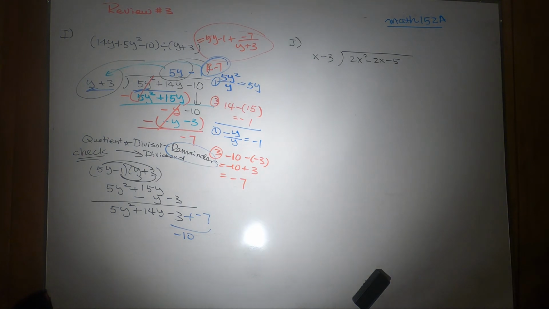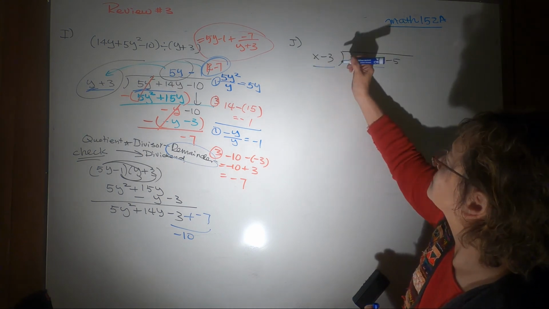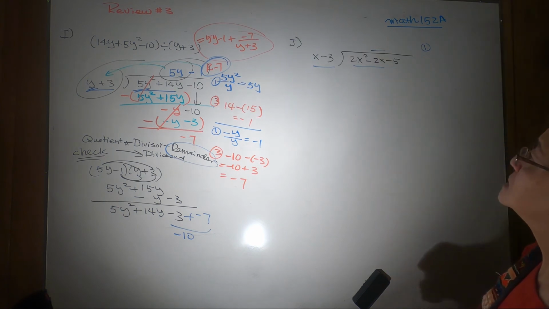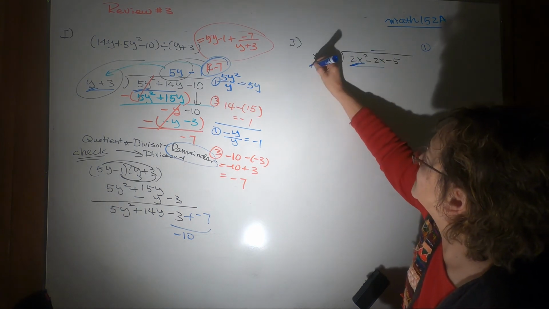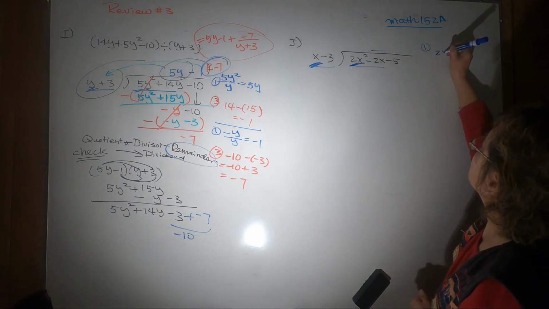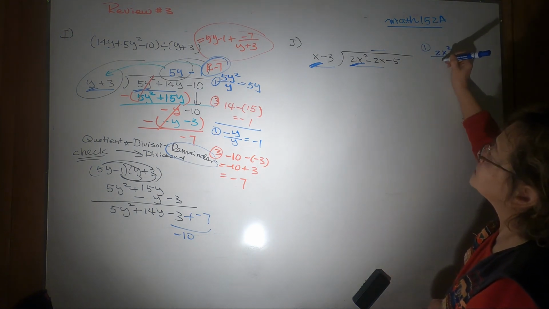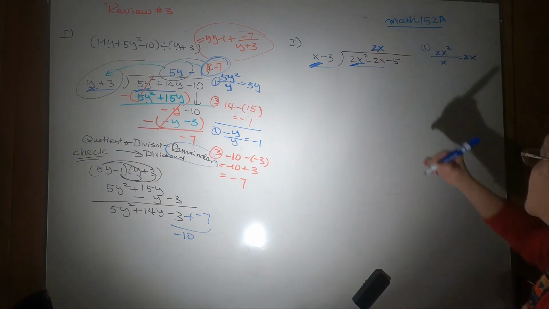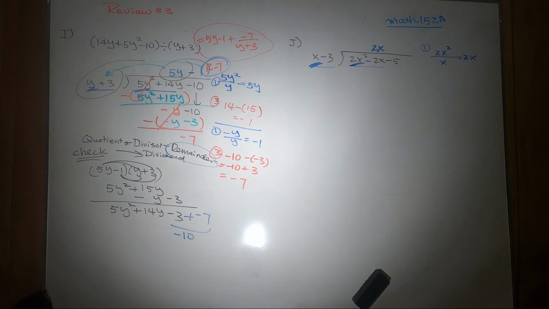First step, how many terms do we need? 2, right? So first step, you have to find the first quotient, and you can only compare mono to mono. So you compare first term, then 2x squared divided by x is what? 2x. So you leave your 2x there, right?